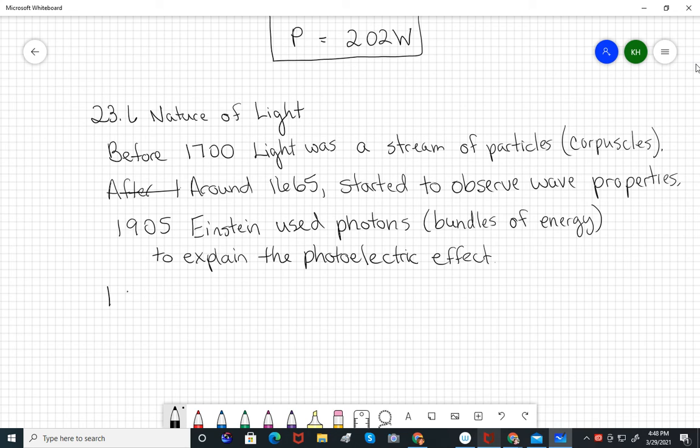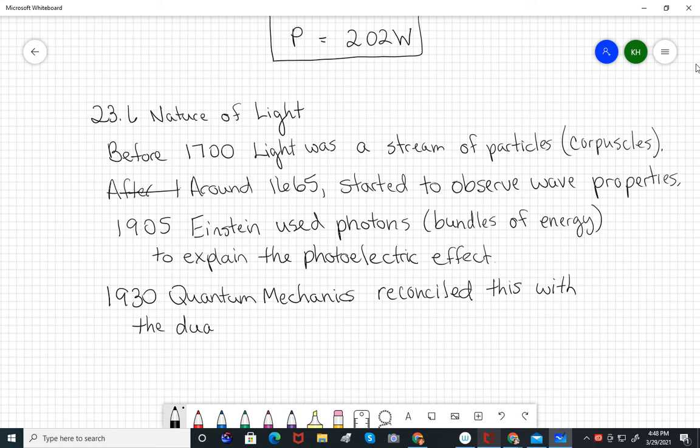But in 1930, quantum mechanics reconciled all this with the dual nature of light.